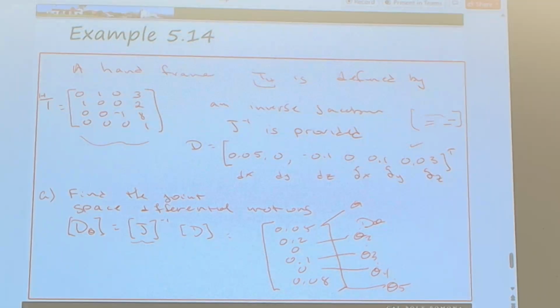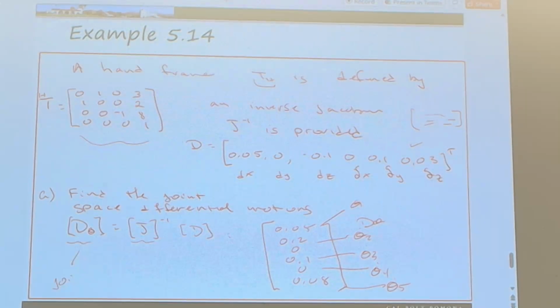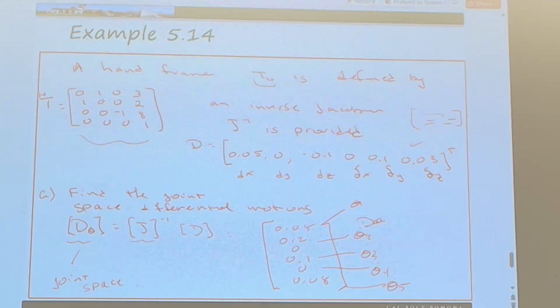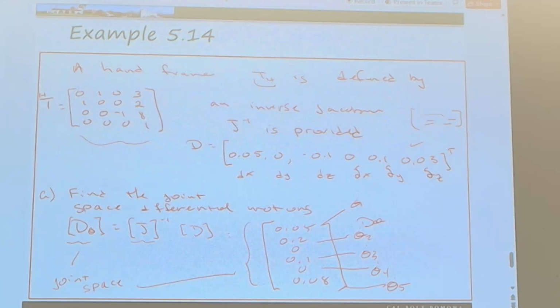And this is our joint space. It tells me how fast each motor is turning in order for these velocities to be achieved, as the tip moves across something like this, while the hand may be rotating about the axis.